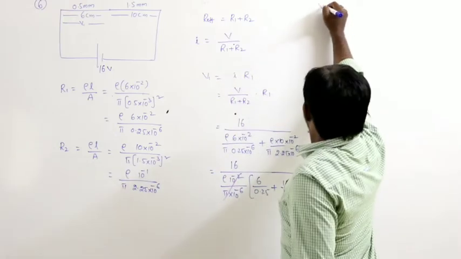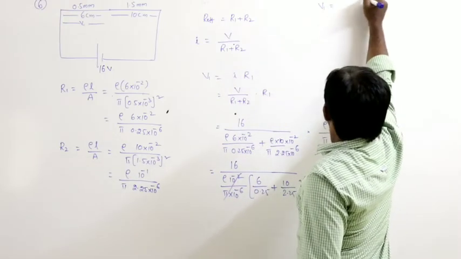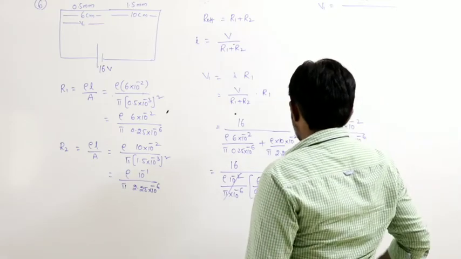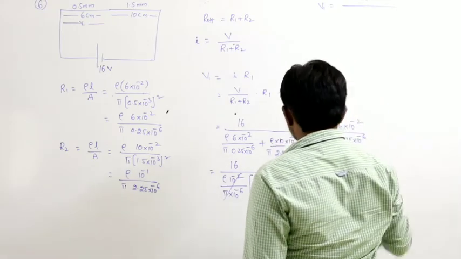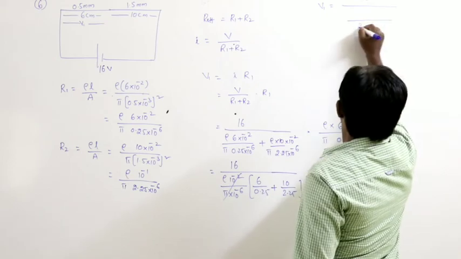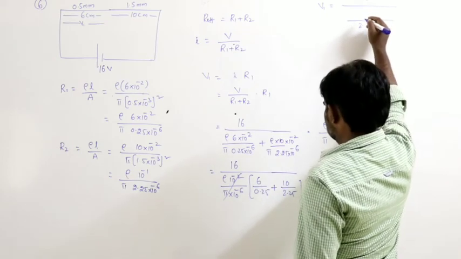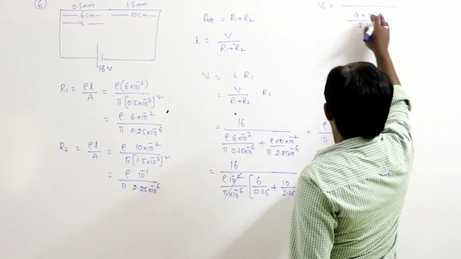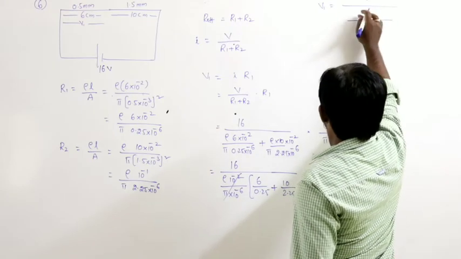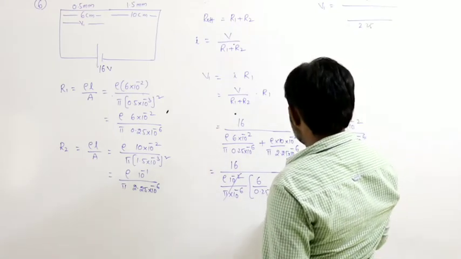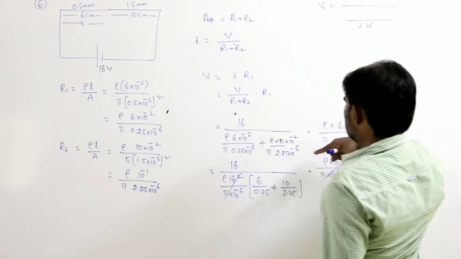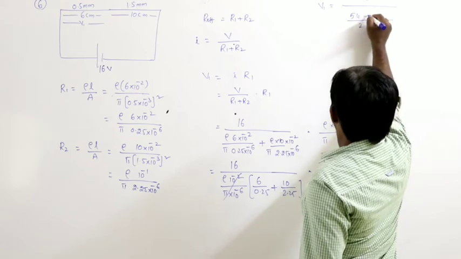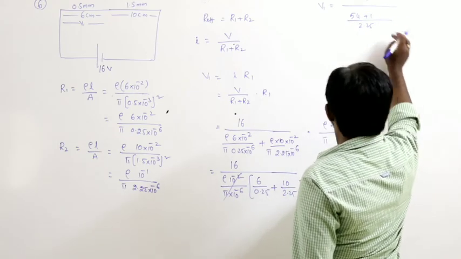So therefore V1 is equal to 16 divided by 0.25, 2.25. LCM: 0.25 9s are 2.25, 9 6s are 54, plus 10.